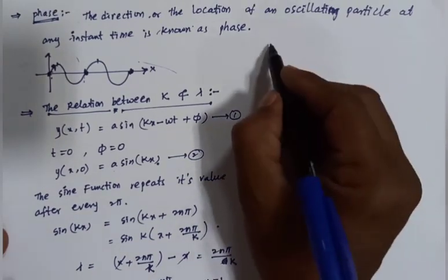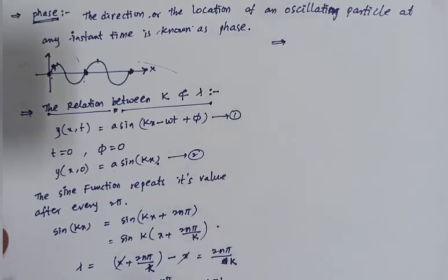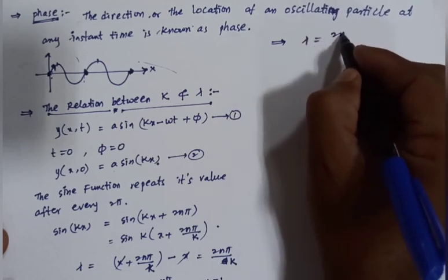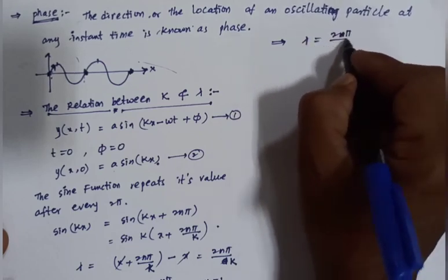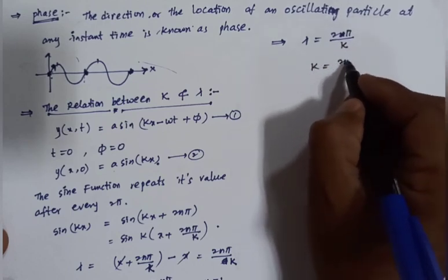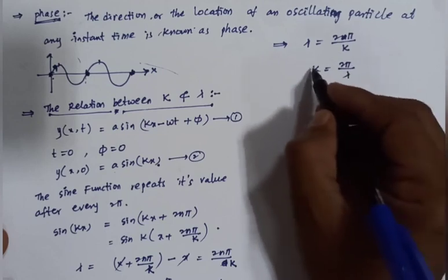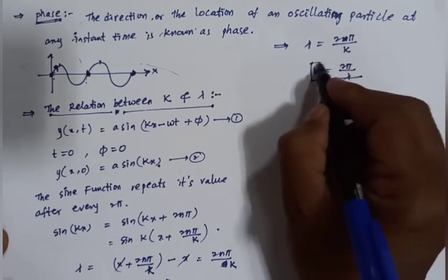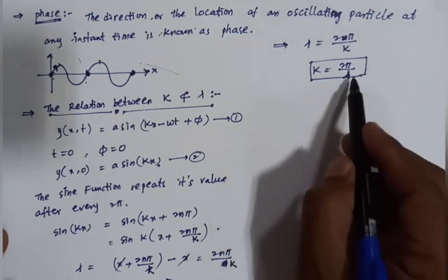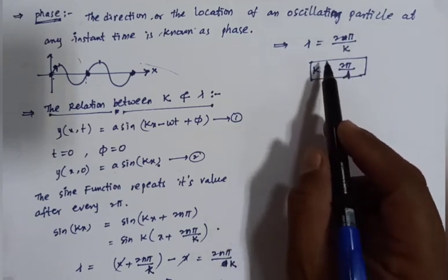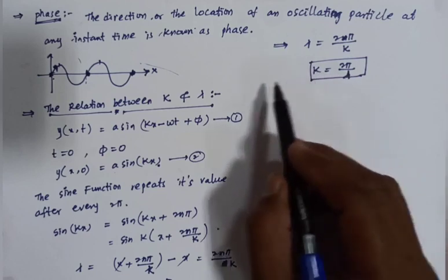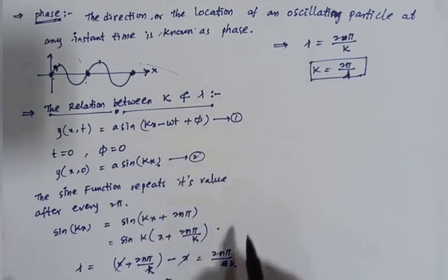Then we can write lambda equals 2 pi by k, or k equals 2 pi by lambda. This is the relation between the angular wave number and the wavelength.